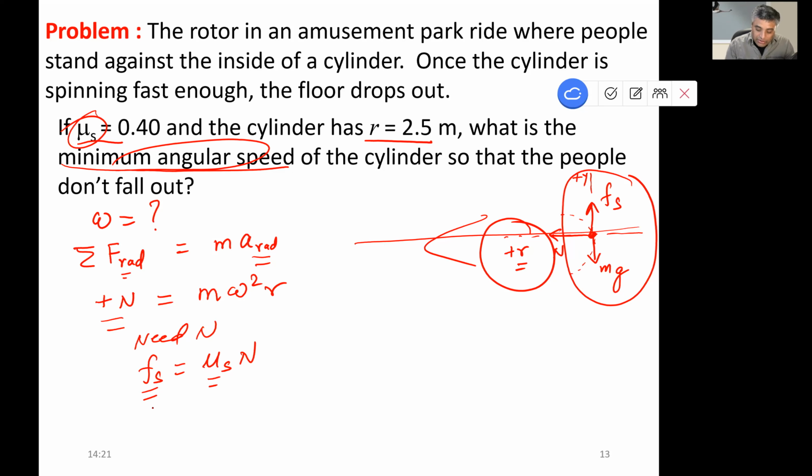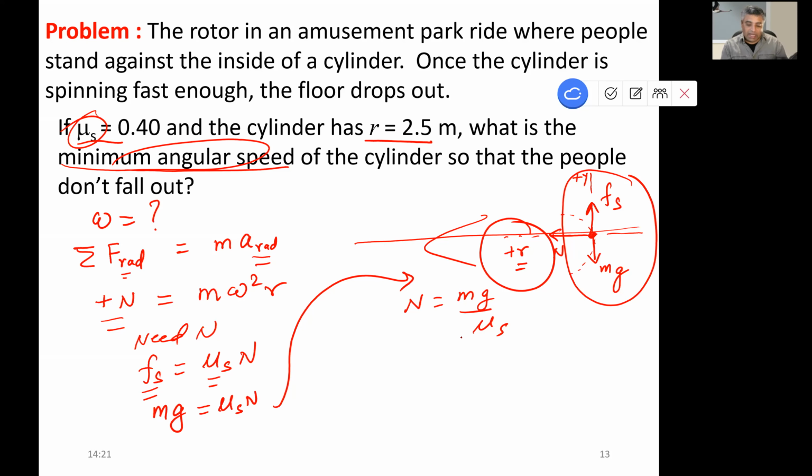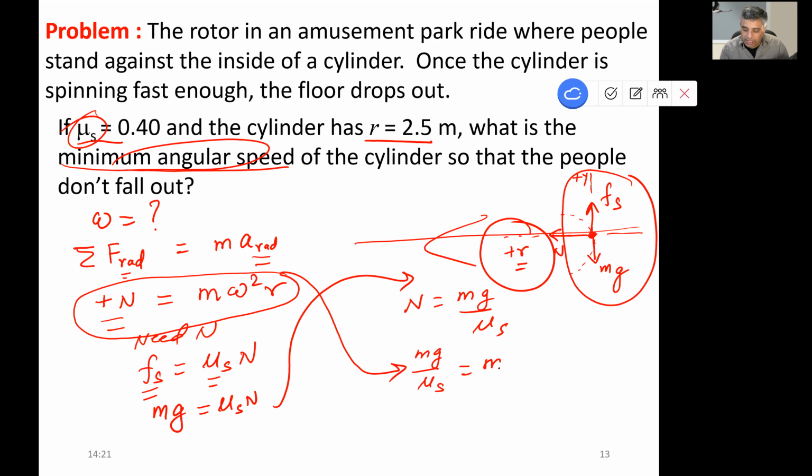So that means Fs is in this case equal to mg, which means normal force is mg over mu s. Now I can come back to this equation and use that. Mg over mu s is m omega squared times r. See, mass cancels.